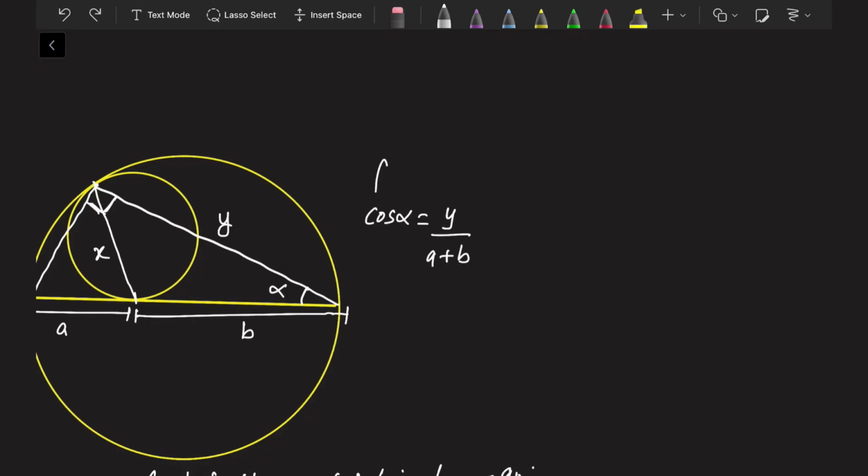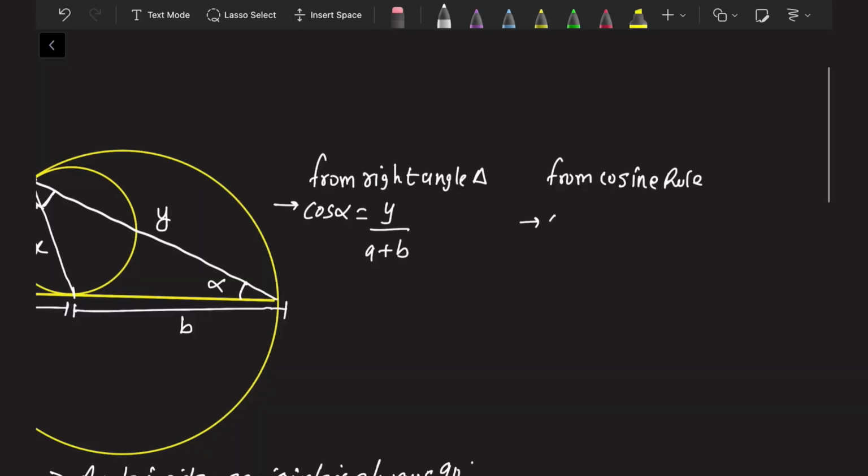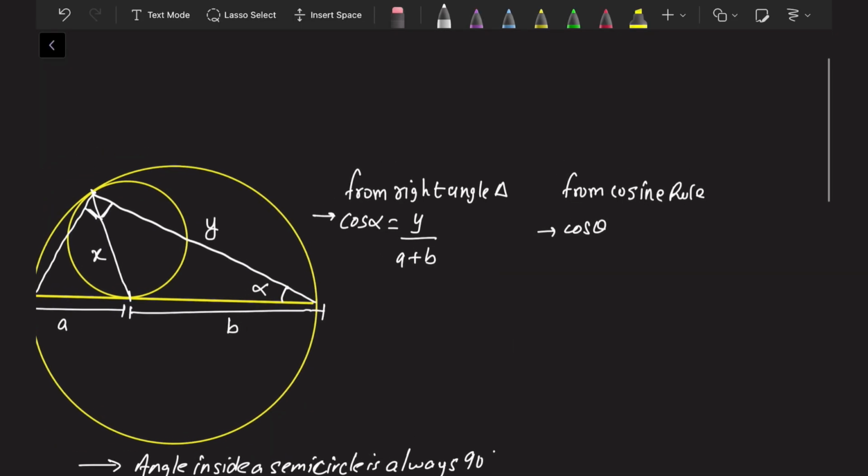Now this was from the right angle triangle perspective. Now from the cosine rule perspective, cos alpha will turn out to be y square plus b square minus x square divided by 2yb.